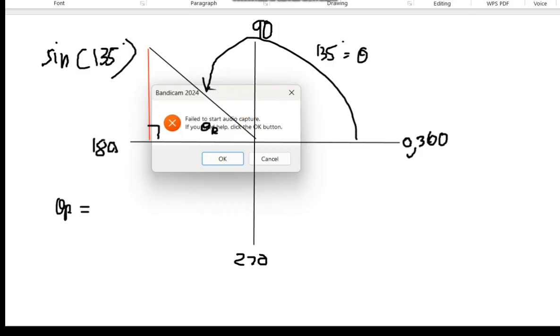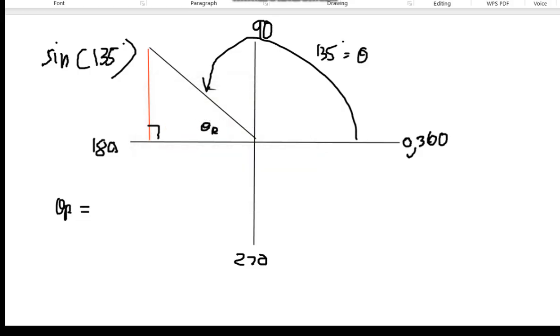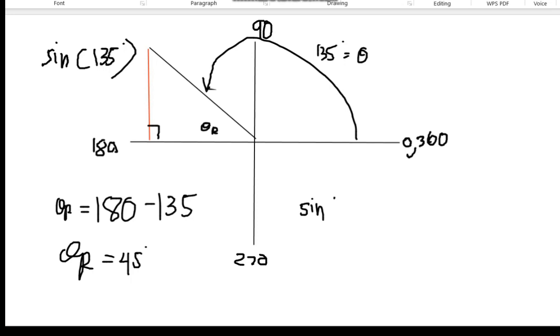So to calculate the reference angle, what we're going to do is subtract 180 minus 135 degrees. So what we will have is the reference angle equals 45 degrees. So what we're going to do is use the sine.